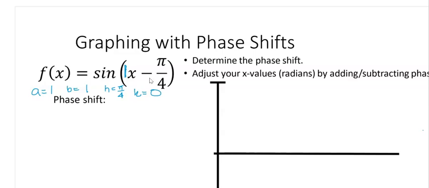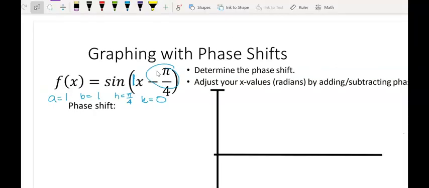So my phase shift is whatever this value is right here, my h value. We just have to make sure, again, it's always the opposite sign of what you have in the equation. Since this says my h value is positive pi over 4, that means my phase shift is going to be positive pi over 4, which means I'm moving to the right pi over 4.